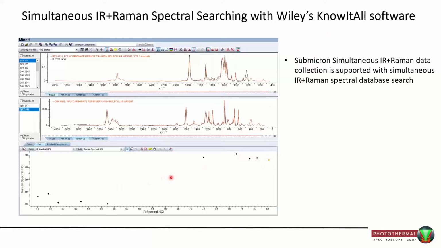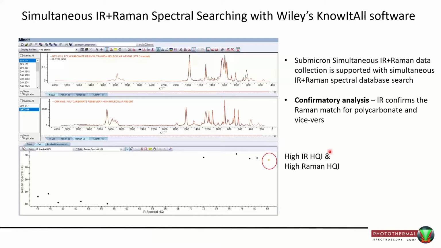The search is expressed in a 2-dimensional plot, where on the bottom axis you've got the infrared hit quality index. This point is for a particular spectrum, showing a high infrared hit quality index and also a high Raman hit quality index. That gives the user a good confirmatory analysis. In this case, the IR has confirmed the Raman match for polycarbonate and vice versa.